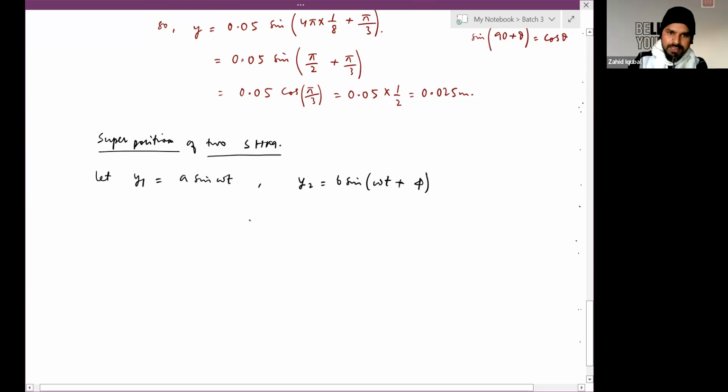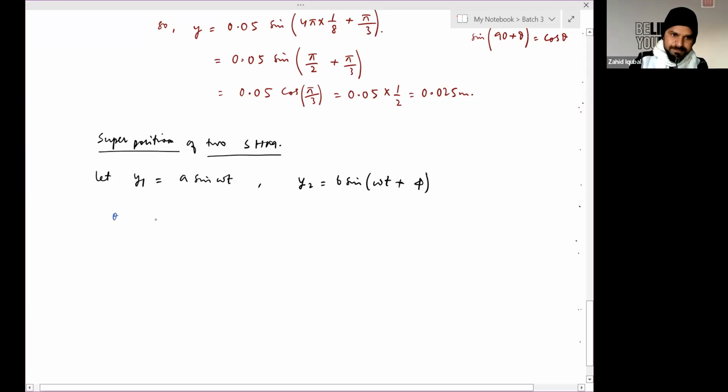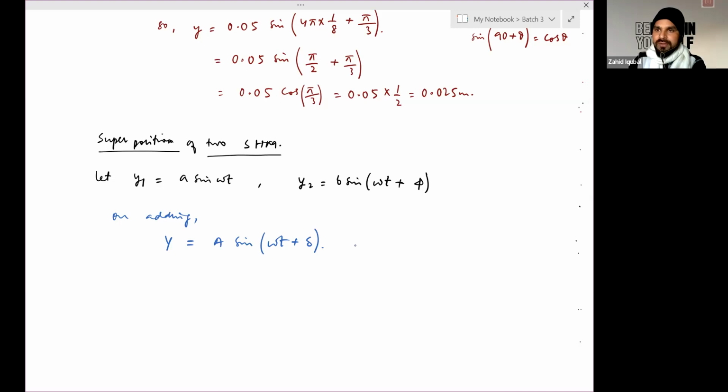So when you add these two equations, what would be the resultant of this sum? On adding, you will get y equals capital A times sine(omega t plus some delta). It means the resultant of two SHMs will also be an SHM. Only there will be a change in its amplitude and its phase.